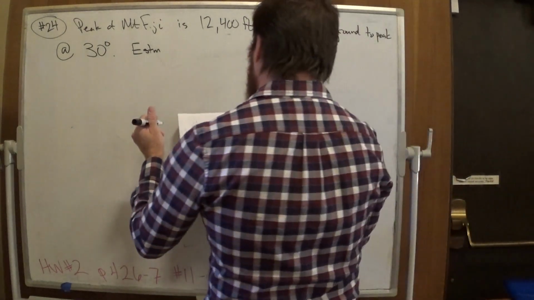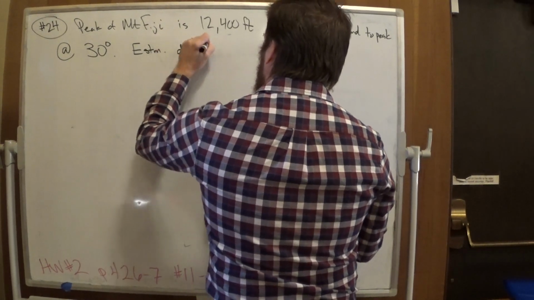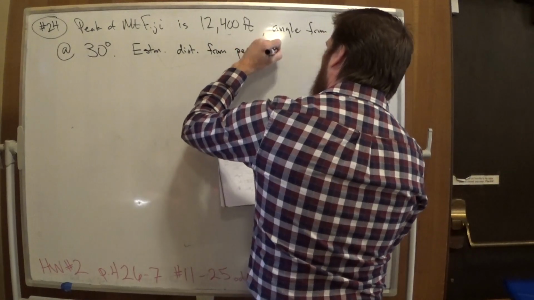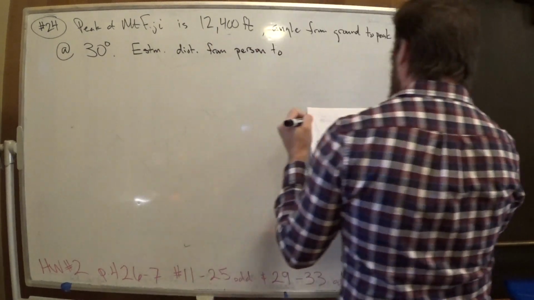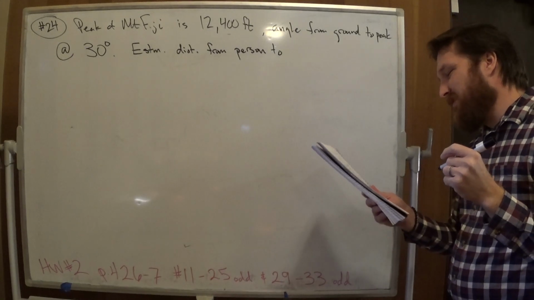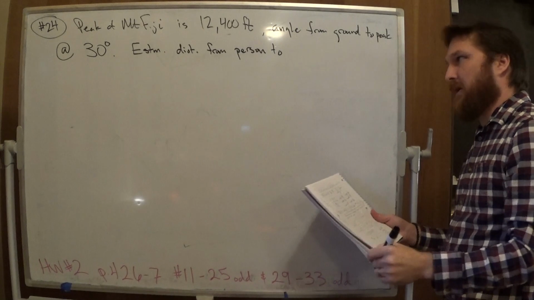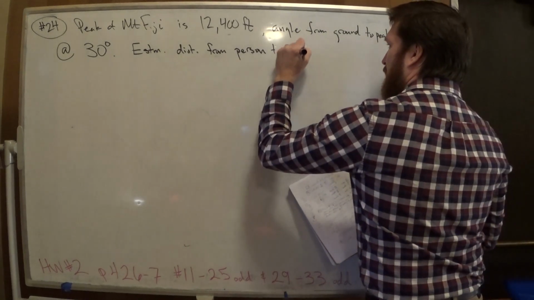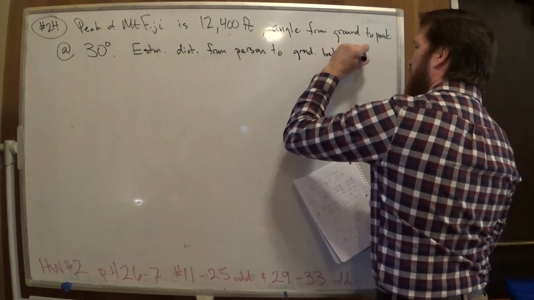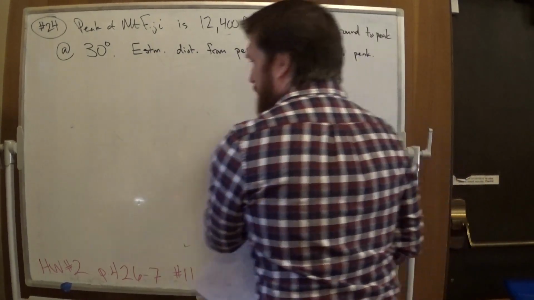But estimate distance from person to the point on the ground directly below the peak. So the point on the ground below the peak. With everything I do, I'm drawing a picture. Here's the ground.